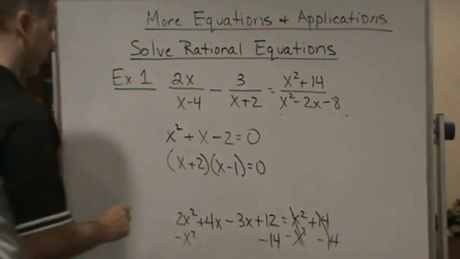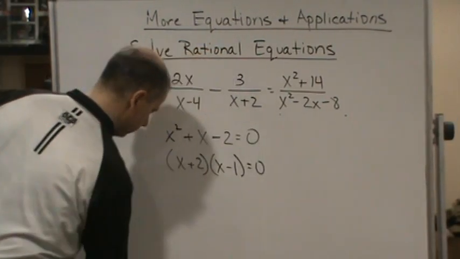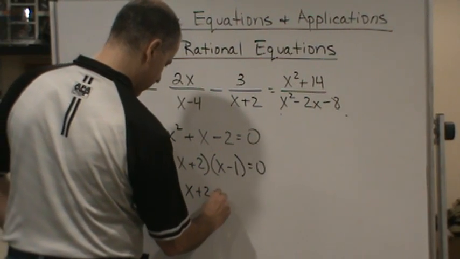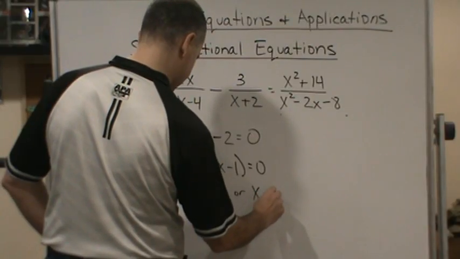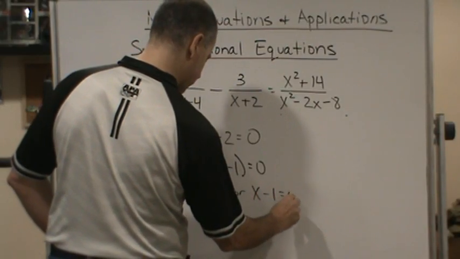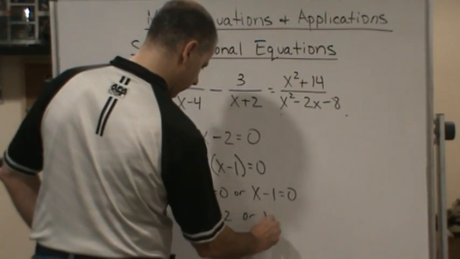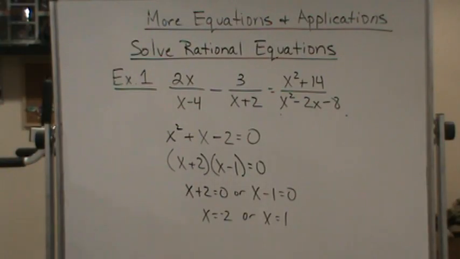So x plus 2 is equal to 0, or x minus 1 is equal to 0. So x is equal to negative 2, or x is equal to 1. Those are our two possible solutions.